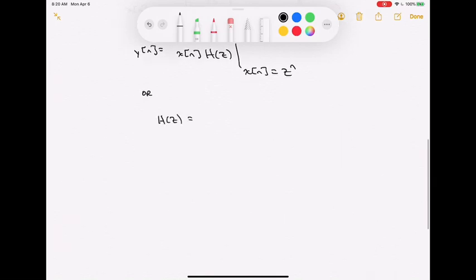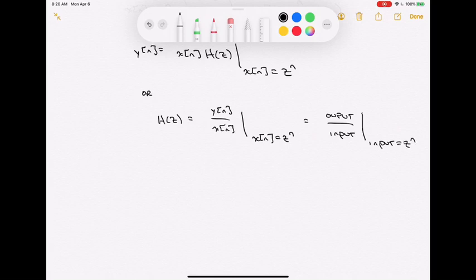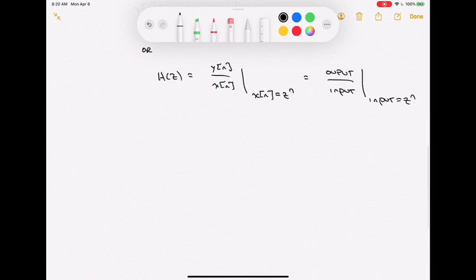It's a frequency domain interpretation of H that says it's our output y[n] divided by the input x[n] when that input equals z to the n. So H(z) is a ratio of output to input. When an everlasting exponential goes in, it is the gain factor of that everlasting exponential when it goes through the system. This is the basis of our frequency response idea.